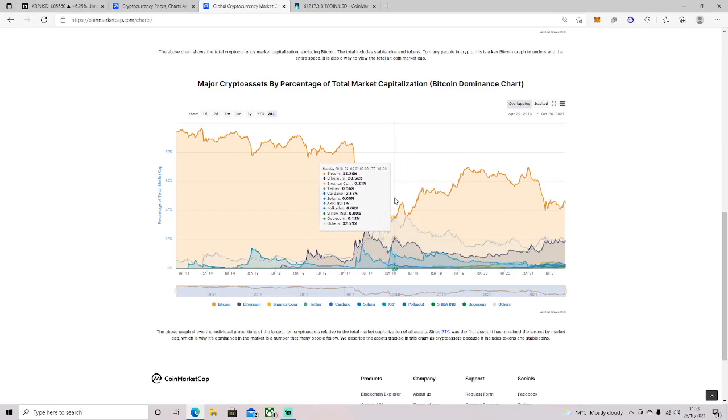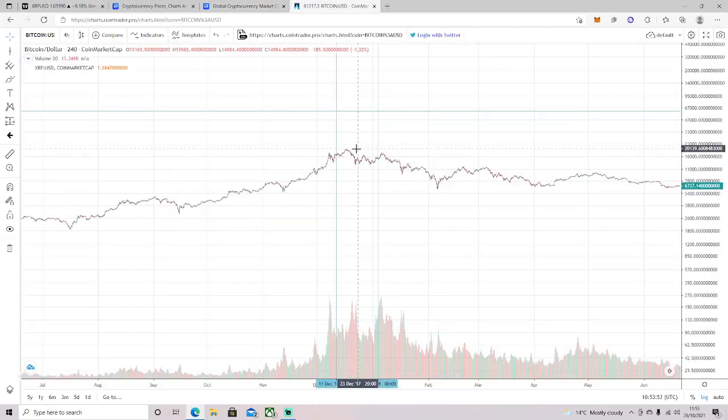Where are we? Here, 2017. This is the market top for Bitcoin there. Bang. That's the 11th of December. And then we really start to rotate pretty quickly out into the other altcoins. So let's have a look where that is. So that is the 11th of December.